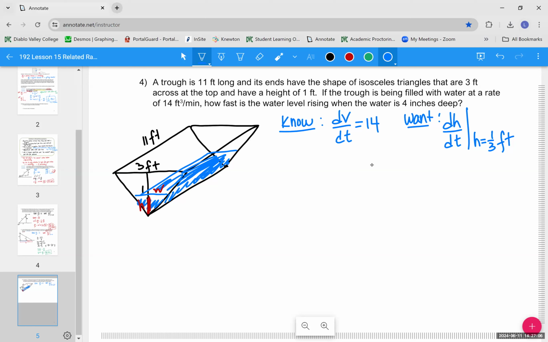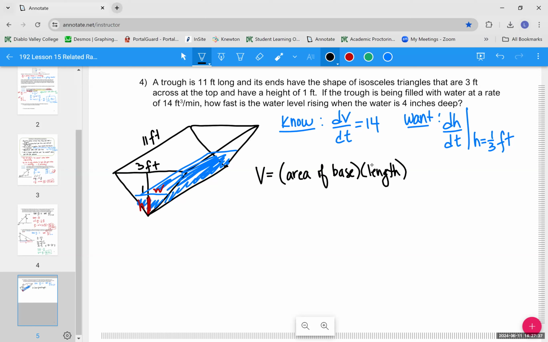So we need to come up with an equation that relates the volume of this trough of water to the height of this trough of water. This is the kind of thing I would probably give to you because you may not remember, but I'm going to remind you that the volume of a prism is the area of one of its bases, because the bases are equal, times its length.